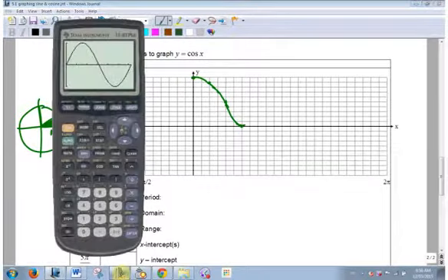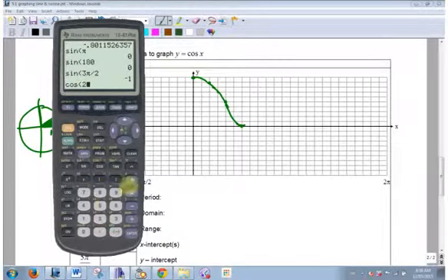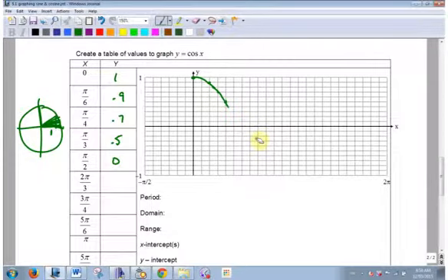2/3 pi, negative 0.5. Okay, what was that? There, 1, 2, 3, 4, 5, 6. Negative 1/2 pi, 2 over there.